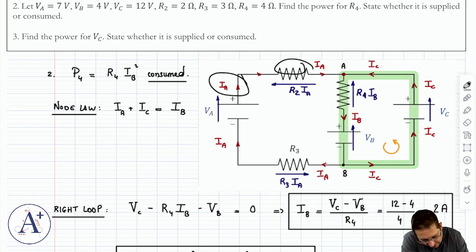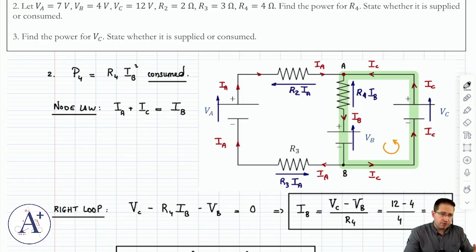IA flows through this guy, so I get R2IA as a voltage. So that's going to show up in the loop law. Same thing, R4IB shows up in the loop law. But IC doesn't flow through a resistor, so I cannot get it in my loop law. So I'm going to have to solve for IA, and then I'm going to have to use the node law to get IC. Okay? So let's solve for IA.